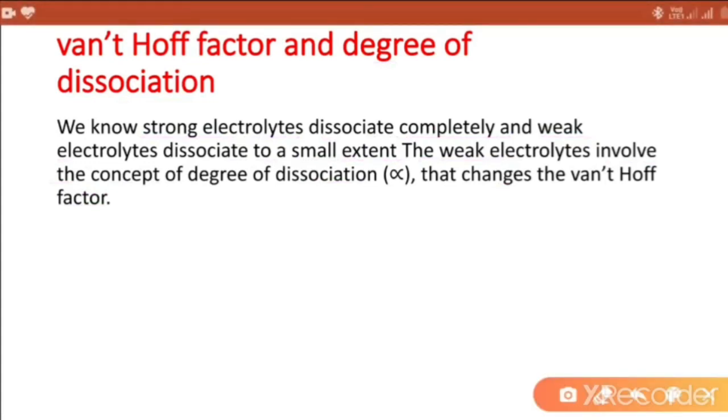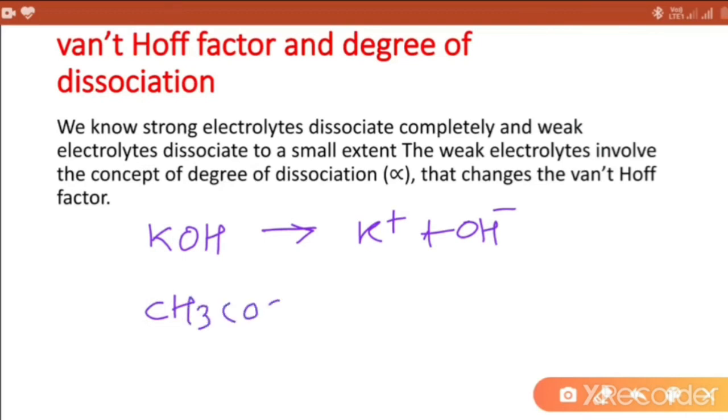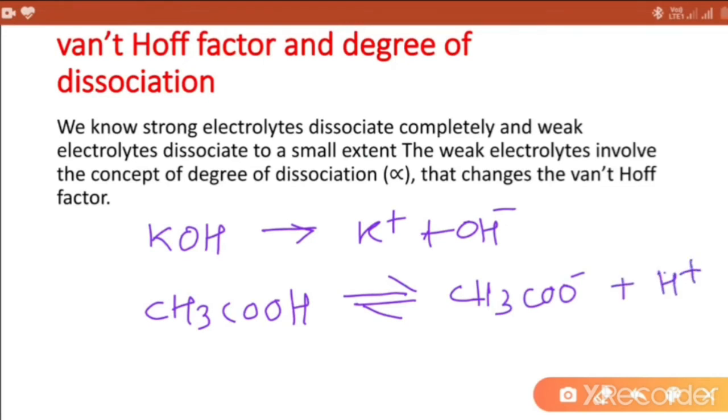Example of a strong electrolyte: KOH, which dissociates to give K plus and OH minus completely, and a weak electrolyte like acetic acid, which dissociates to give acetate ion and H plus ion, but the extent of dissociation is very less.